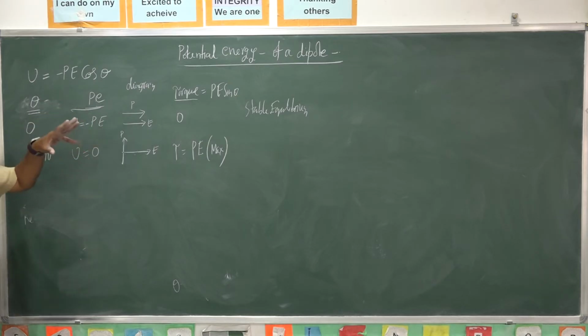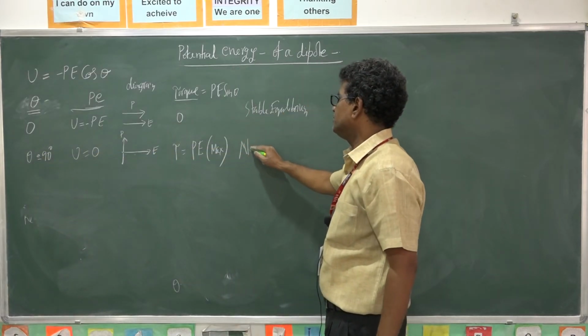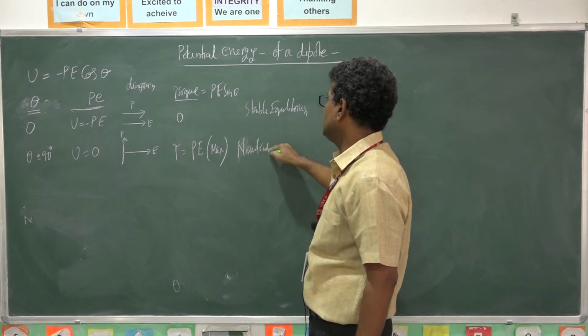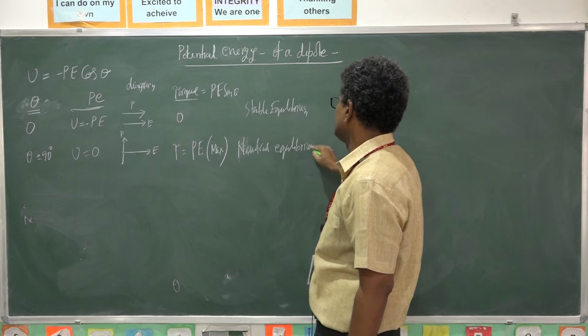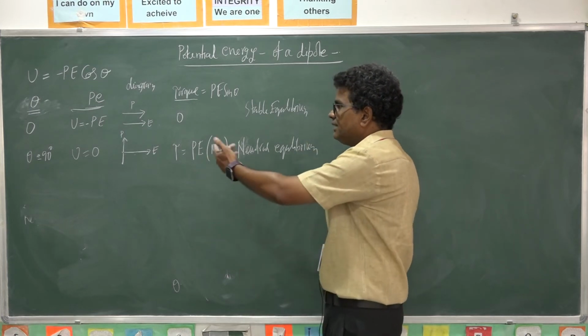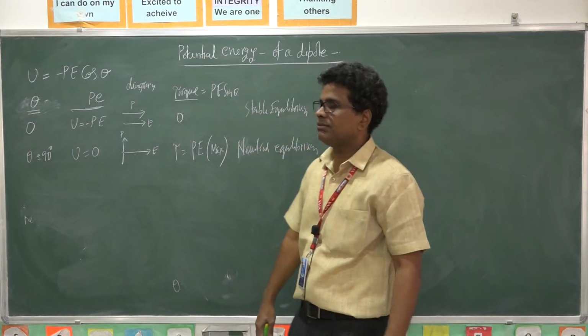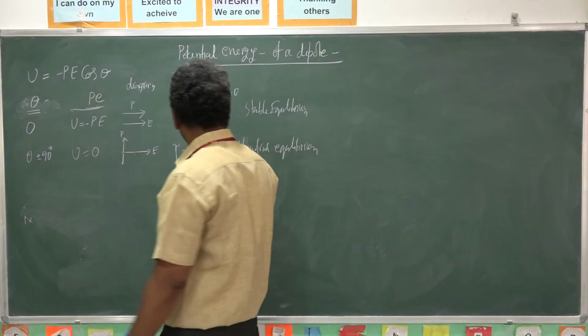That much kinetic energy is possessed by it. This equilibrium is called neutral equilibrium, so it has a tendency to return to its mean position.